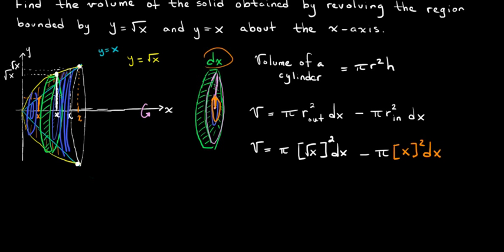And I hope you get the idea that you would have to create infinitely many washers in order to find the volume of this figure here that we've sketched. So again, you would have to accumulate the volume of infinitely many washers in order to find the volume of the solid that we have here.